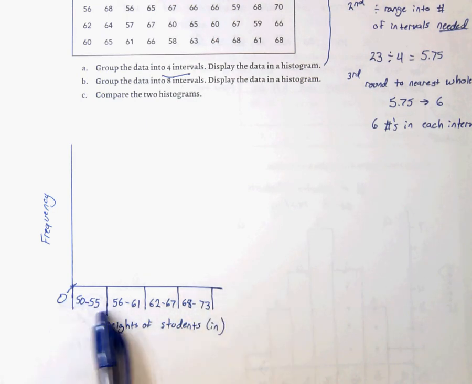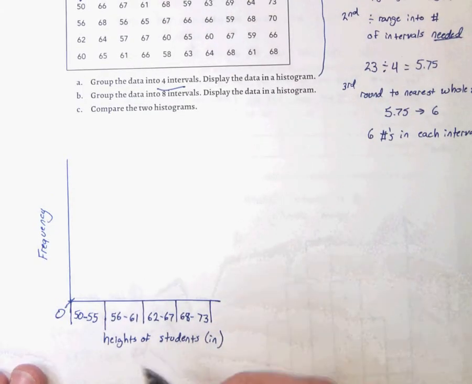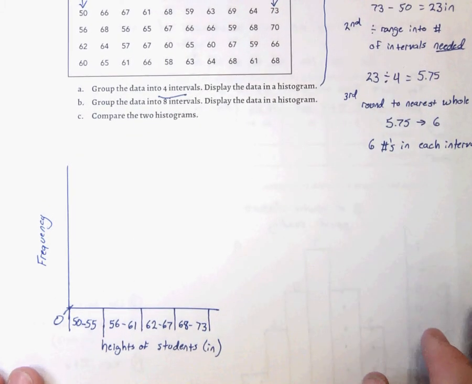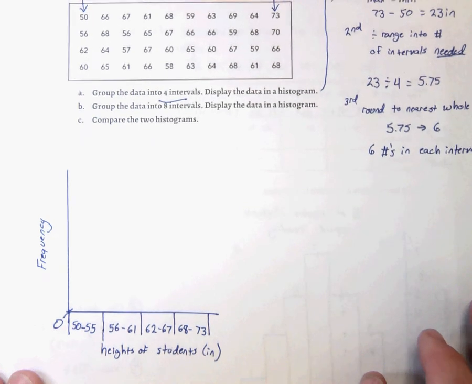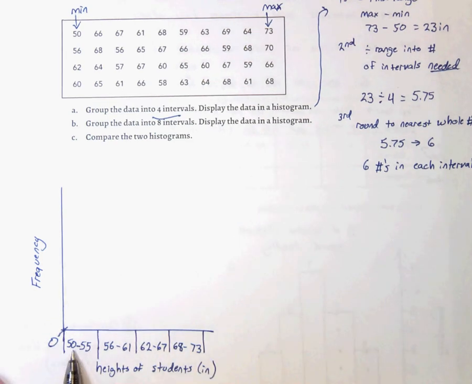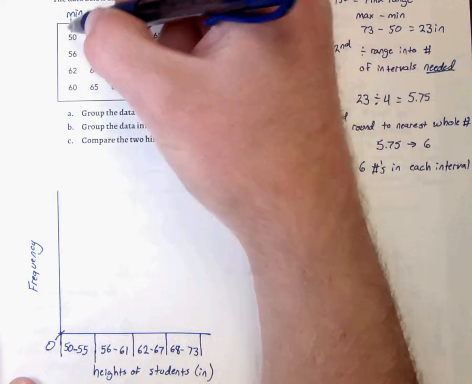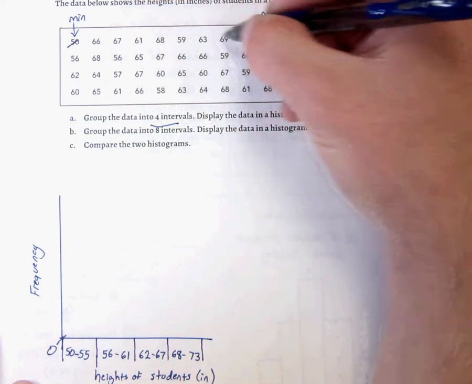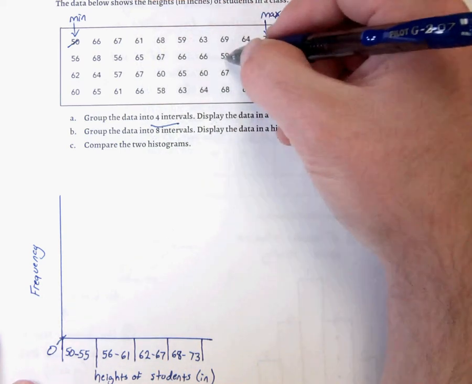I'm going to count how many numbers we have in each group. From 50 to 55, we have 1, just 1. So we might want to jot that down somewhere, for example, right down there, because we might not know how high to go.